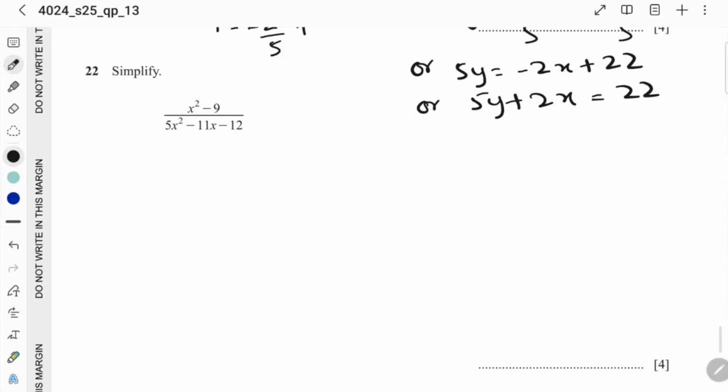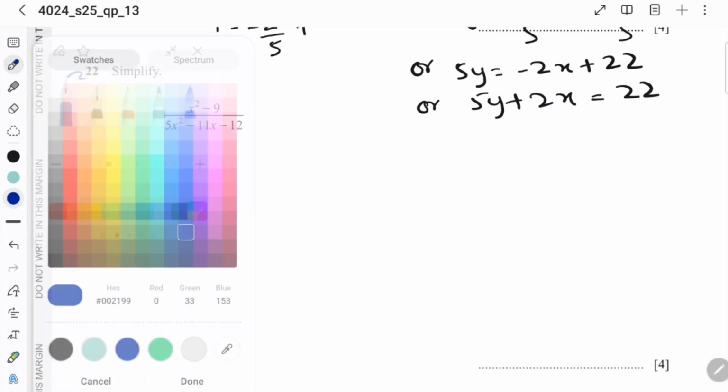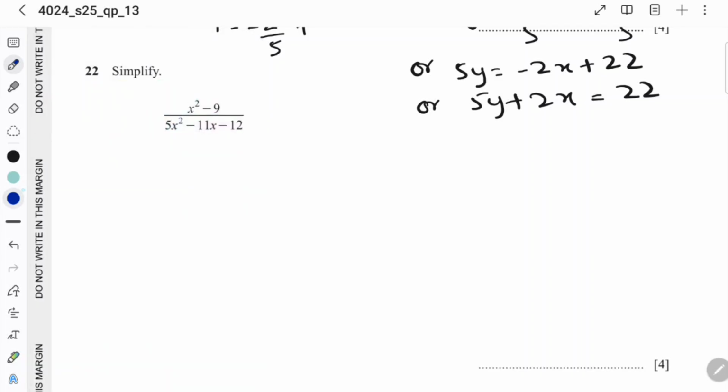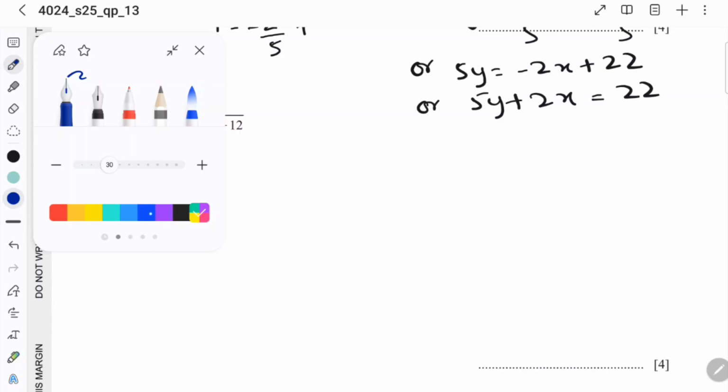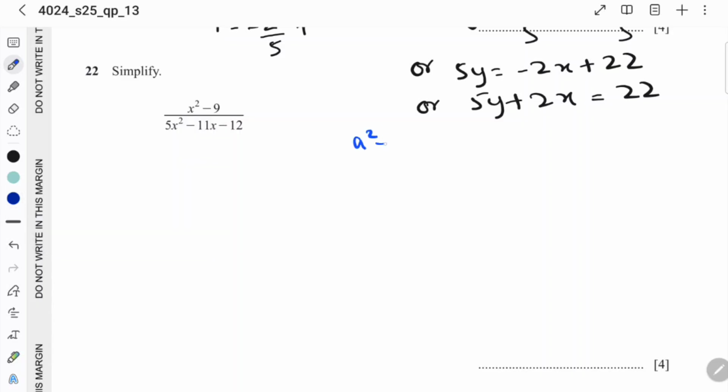Your question number 22 is x square minus 9. You know that a square minus b square is a plus b, a minus b. So you have x square minus 3 square.